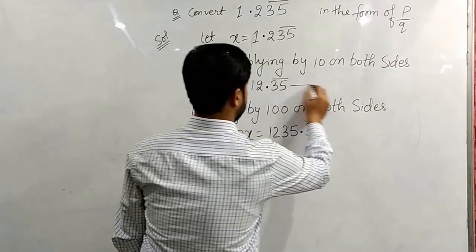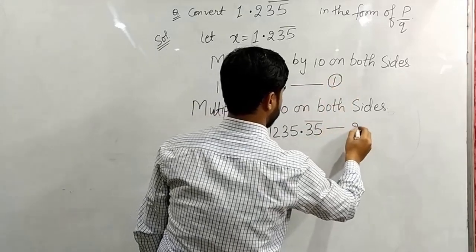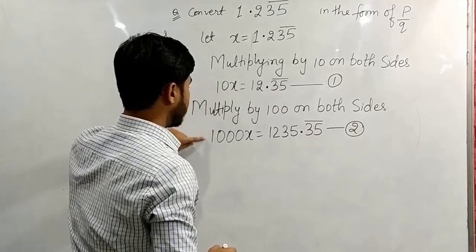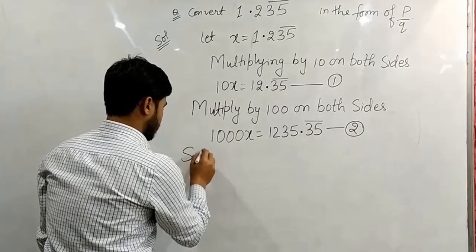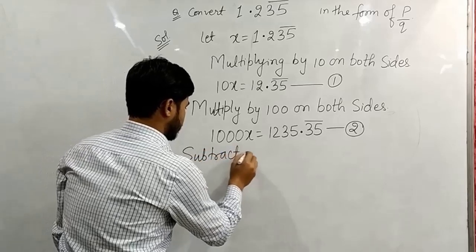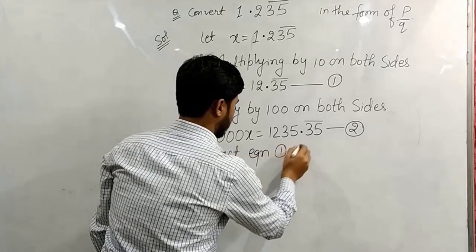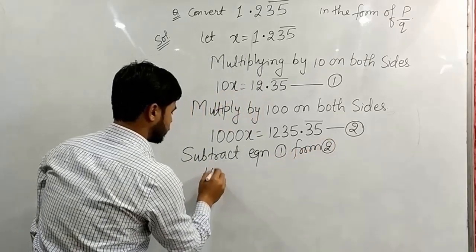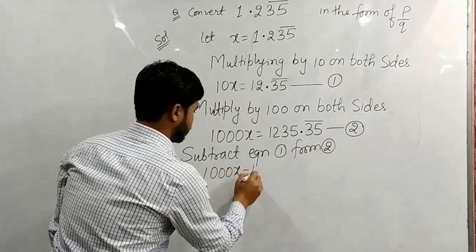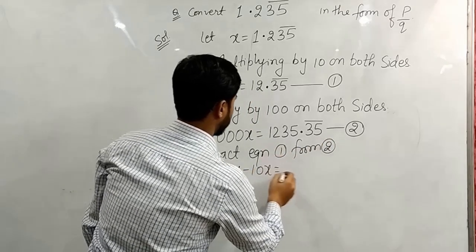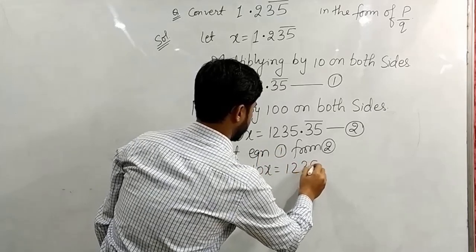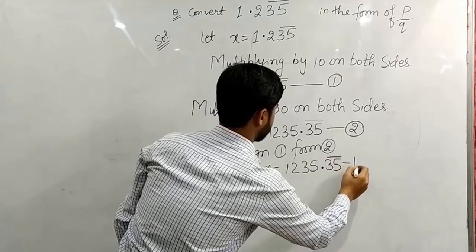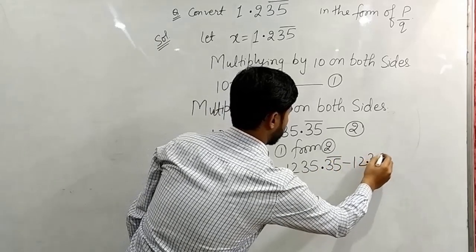Now consider this as equation 1 and this as equation 2. Subtract equation 1 from 2, and we will get 1000x minus 10x equal to 1235.35 repeating minus 12.35 repeating.